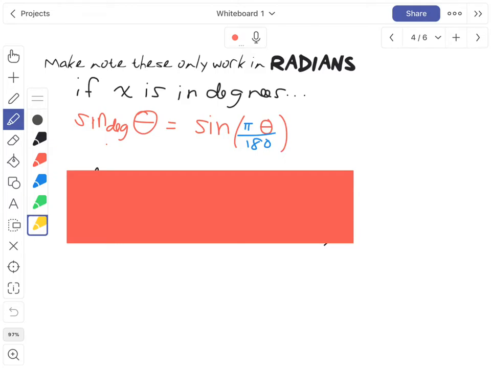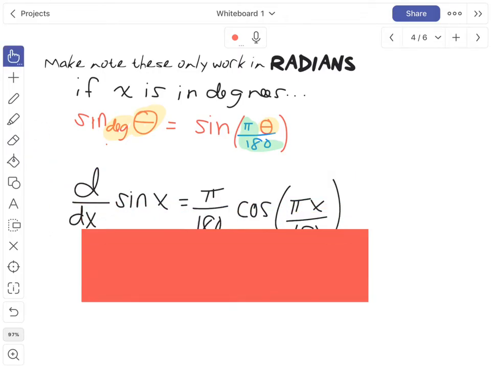But the idea is, if we wanted to take some input theta in radians and try to represent that in degrees, we know the conversion. We would simply take the number of radians we have and multiply by the conversion factor of pi over 180. Because like we said, we would convert radians to degrees with that multiplier. So then we can see where the derivative function would come from.